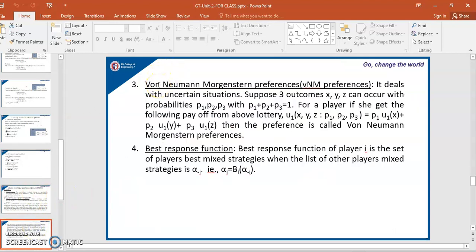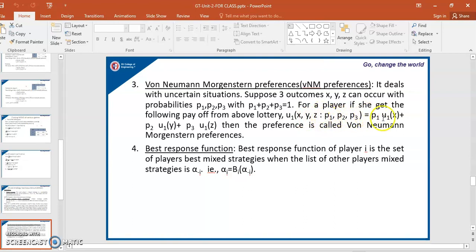What are von Neumann Morgenstern preferences? It deals with uncertain situations. Suppose you have 3 outcomes x, y, z which occur with the probabilities p1, p2, p3 with the sum of the probabilities equal to 1. Then for a player, the payoff from the above lottery is u1 of x, y, z with the probabilities p1, p2, p3.